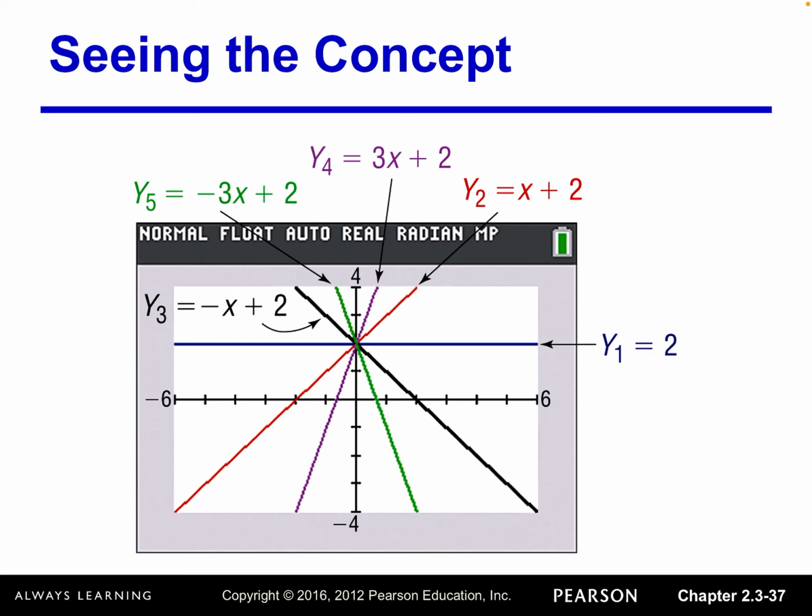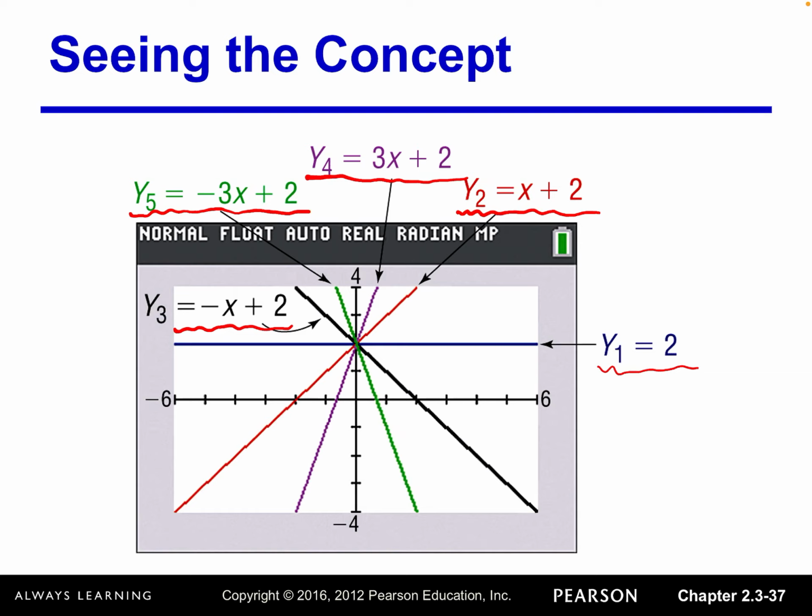So now let's see 5 line equations. First, y1 equals 2. Second, y2 equals x plus 2. y3, negative x plus 2. y4, 3x plus 2. y5, negative 3x plus 2.